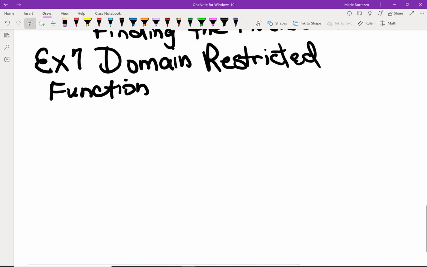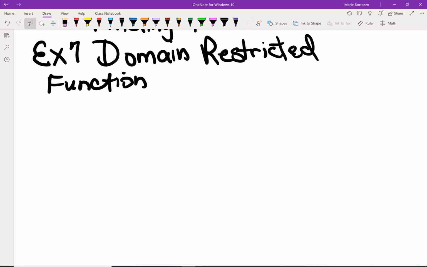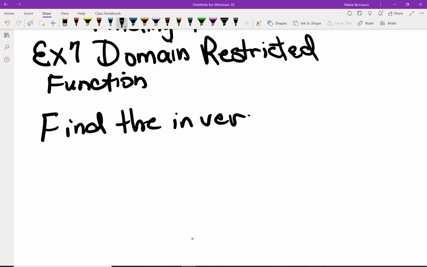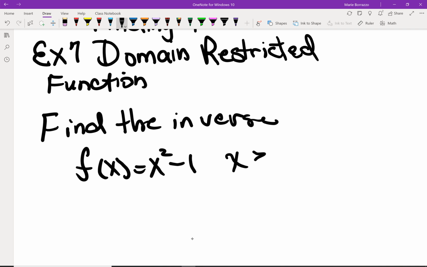For example, if we have a parabola, and we already discussed that a parabola fails the horizontal line test. So we already know that if I need to find the inverse, and let's say they give me the function where f of x is equal to x squared minus 1, and we're looking for the inverse at x is greater than or equal to 0.